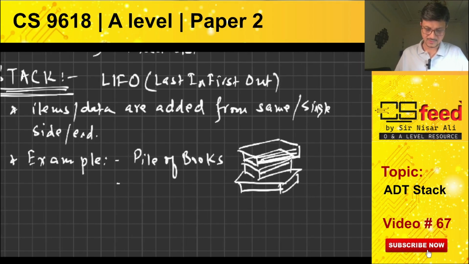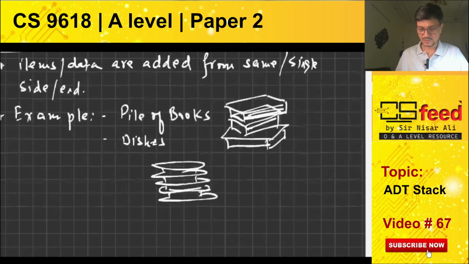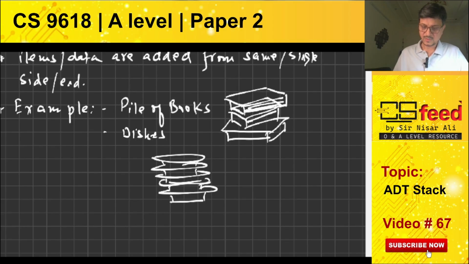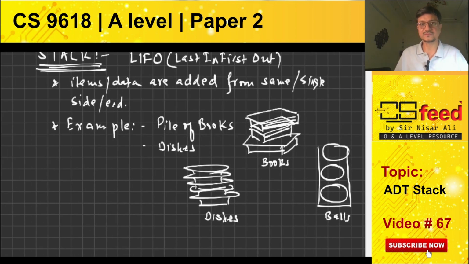Another example can be dishes placed one on another, or balls in a beaker, for example. So we have a glass and the balls. These are the dishes, these are books, and these are balls. These are all examples of the stack.